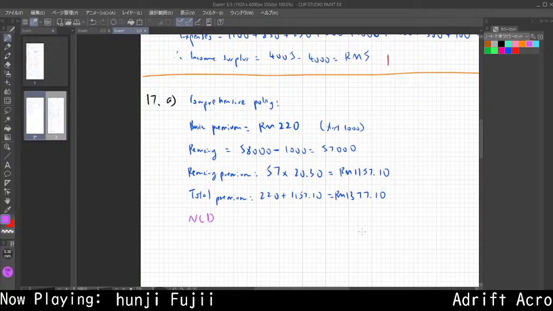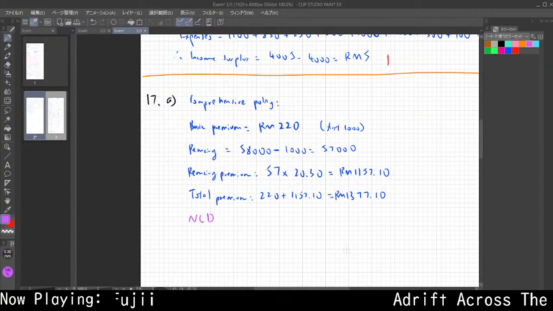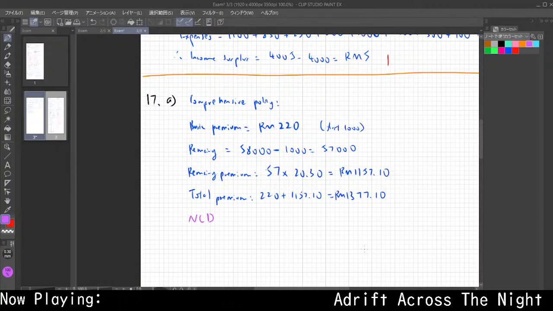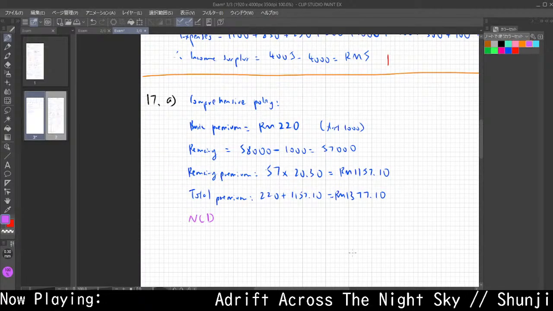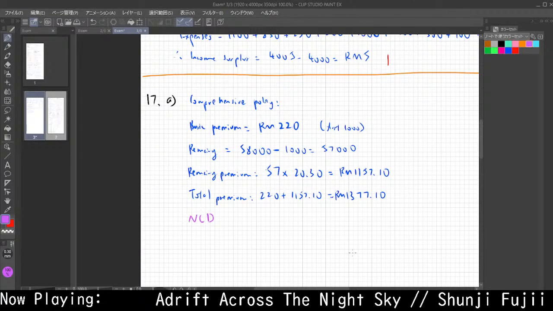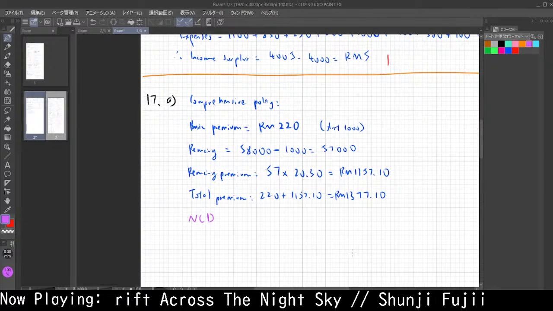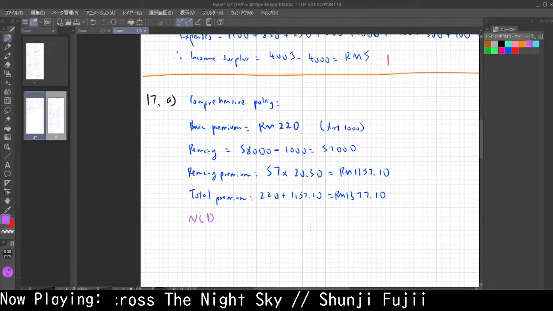But we still have our NCD. NCD refers to no claim discount, which means if after you bought the insurance you did not claim throughout the entire year, then you would enjoy a discount on your premium.